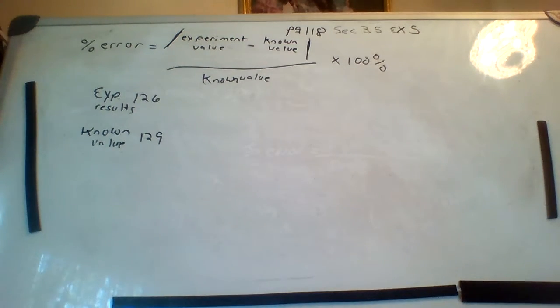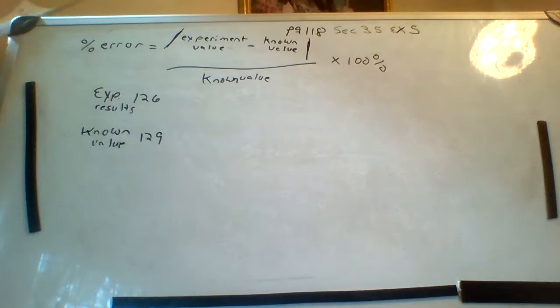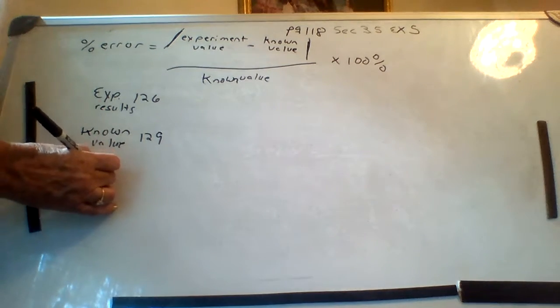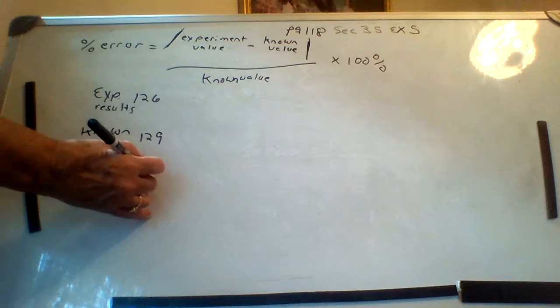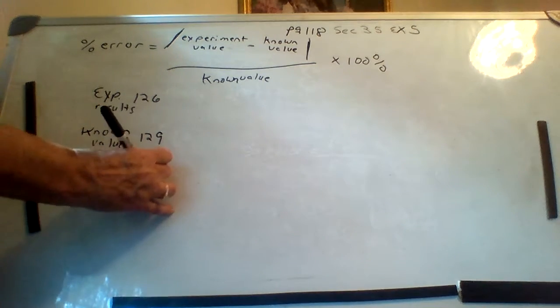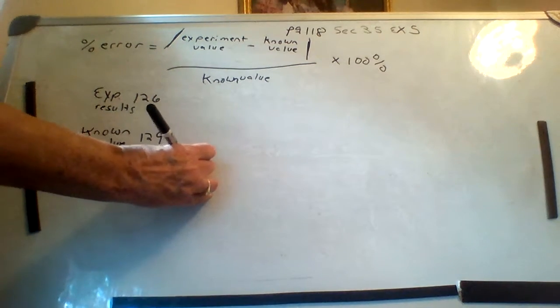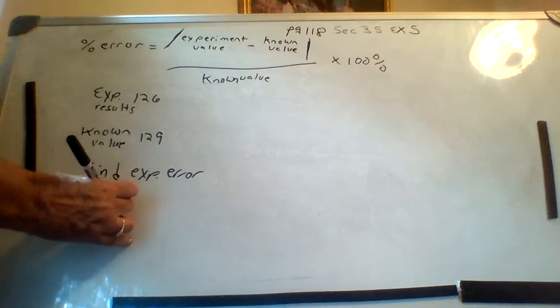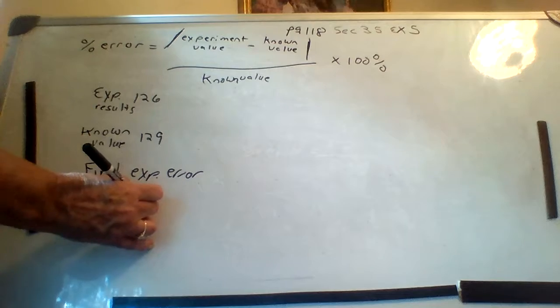Find the following. Okay, so there are 3 things I want you to find here. I want you to find the experiment error. Remember, that's the change. I want you to find the percent error.